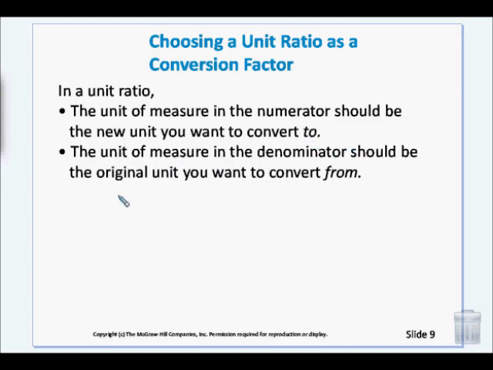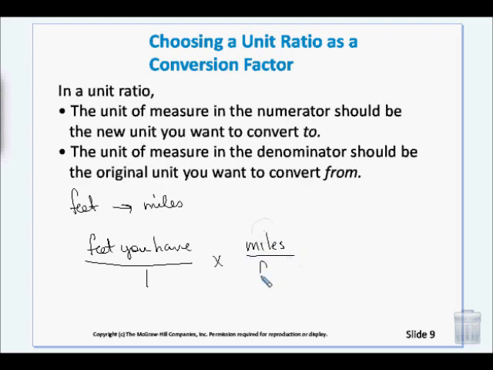But let's say you want to go from feet to miles. Okay? You start with the number of feet you have over 1. You multiply that by miles over feet, and this is the conversion factor.